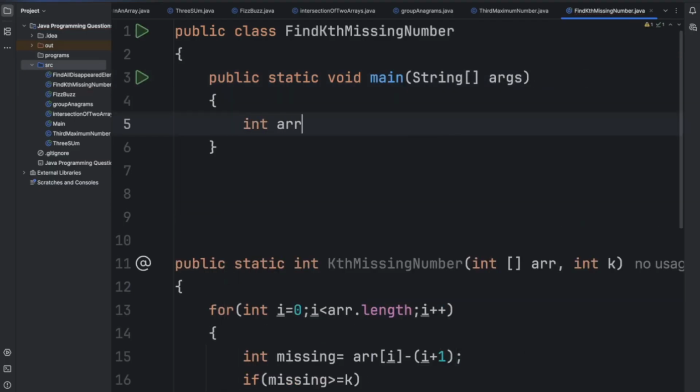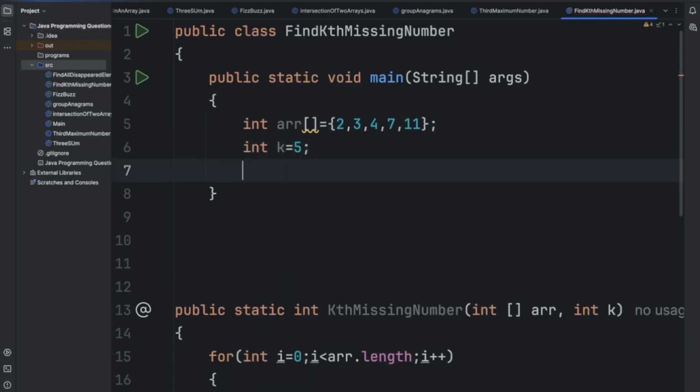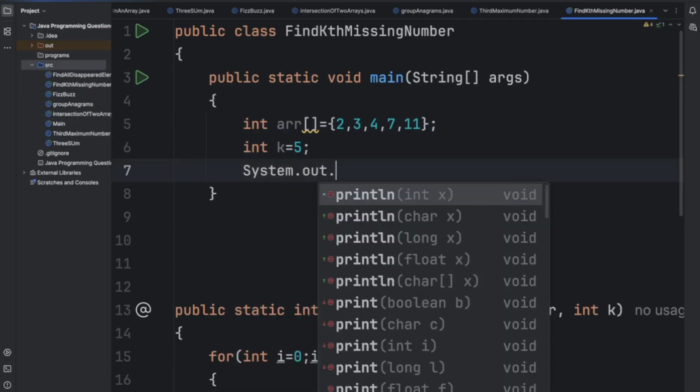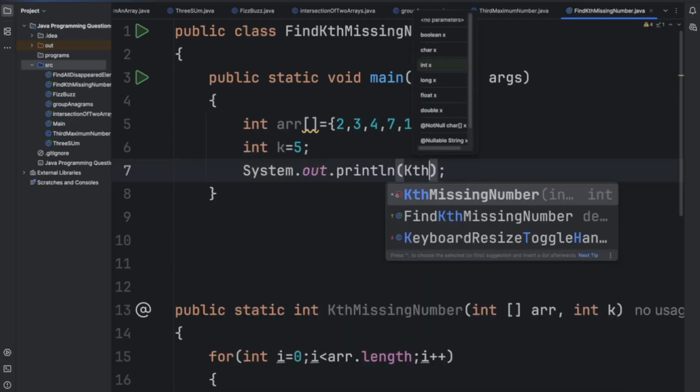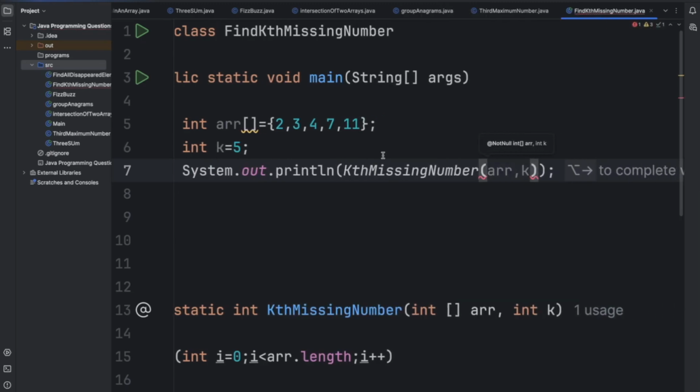We will write our main function, public static void main, String args, and let's take our array, which was 2, 3, 4, 7, 11, and k is 5. So we want to find the fifth missing number. Let's write our print statement, kthMissingNumber, array comma k, right?